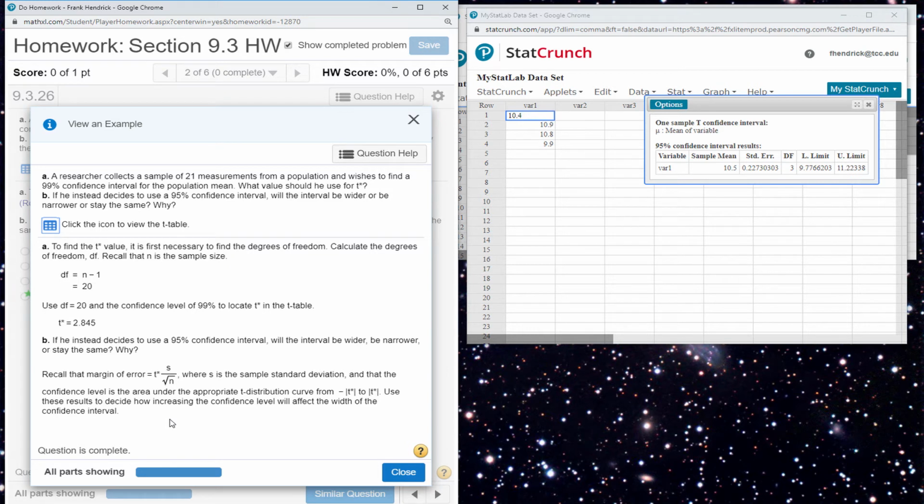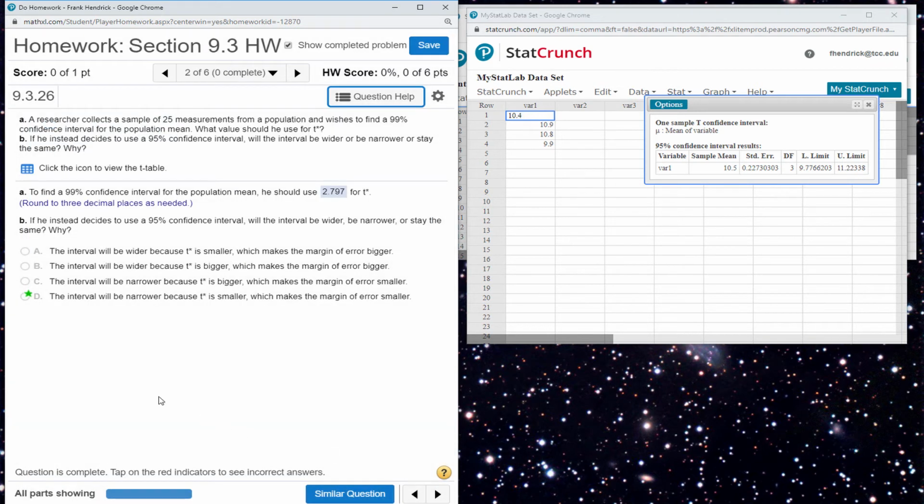So it'll be narrower. So the answer is the interval will be narrower because the t is smaller, which makes the margin of error smaller.